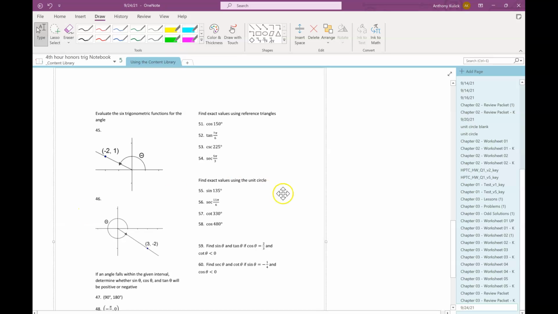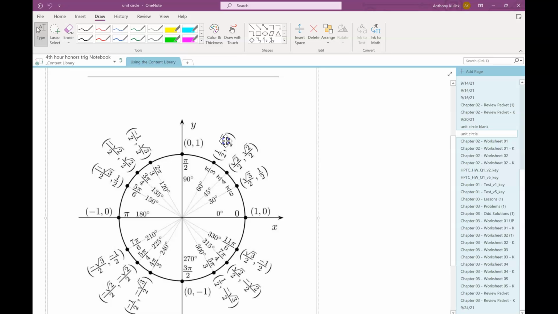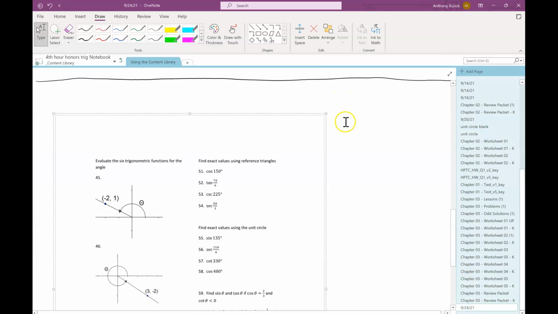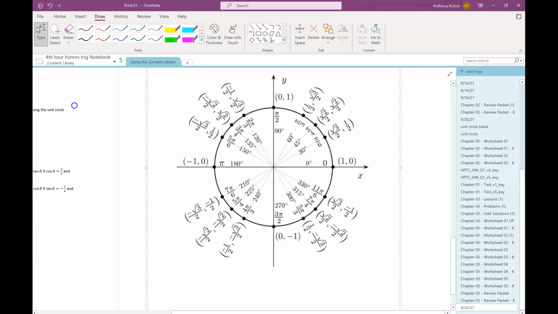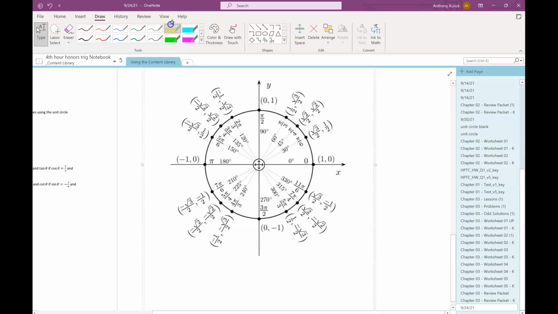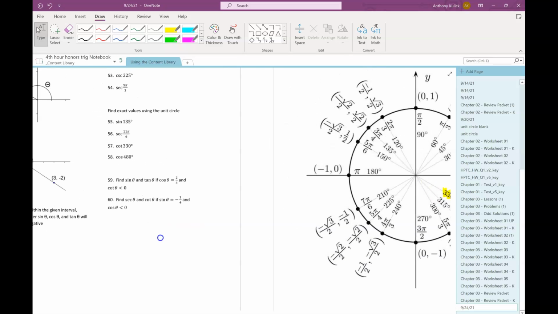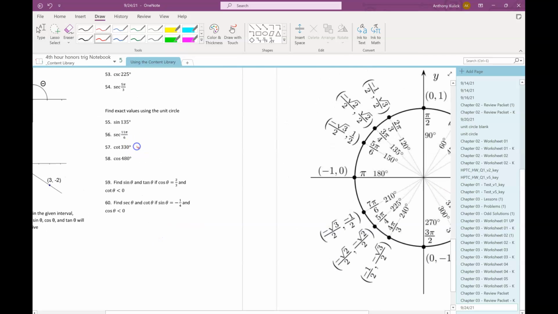Okay. So it says find the exact value for this using the unit circle. So straight away I noticed that 330 is a unit circle angle, so I don't have any adjusting to do. So I'm going to just locate 330 on my unit circle. And I know that cotangent is x over y.